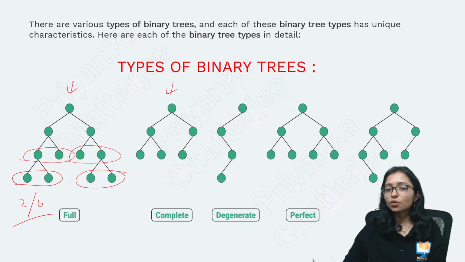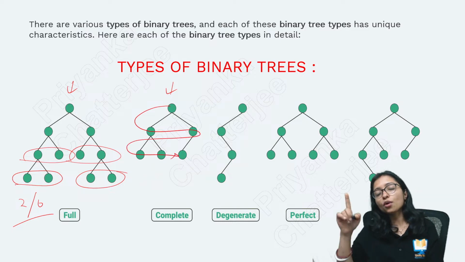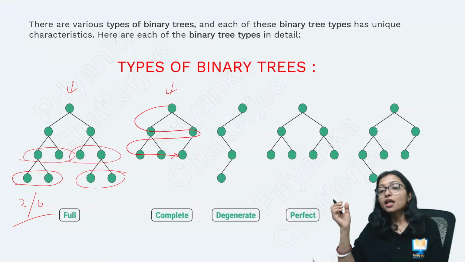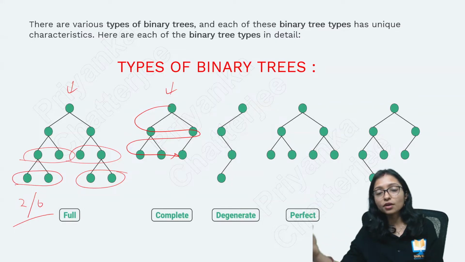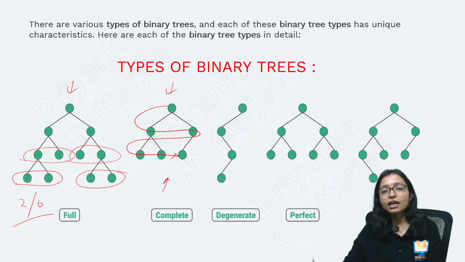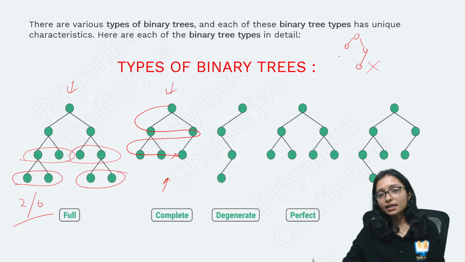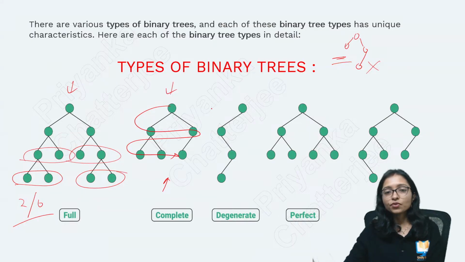One child is not possible. Complete means it will follow this pattern, you are filling the binary tree from left to right. The left hand side should be filled, the right hand side may not be filled. That is called a complete binary tree. If I draw a tree like this, it is not a complete binary tree because I did not fill the left hand side.